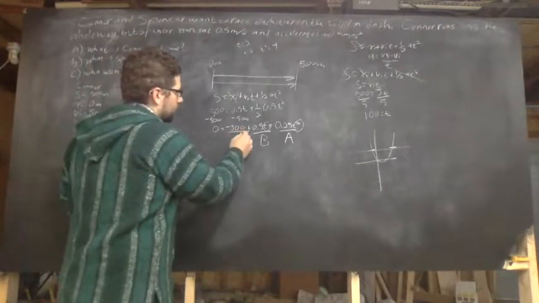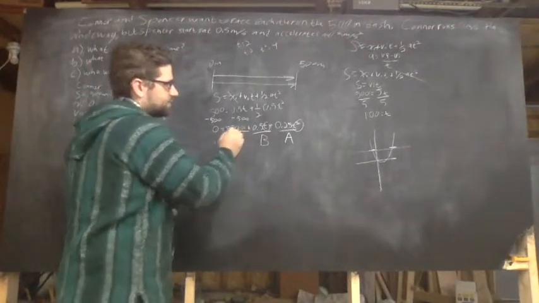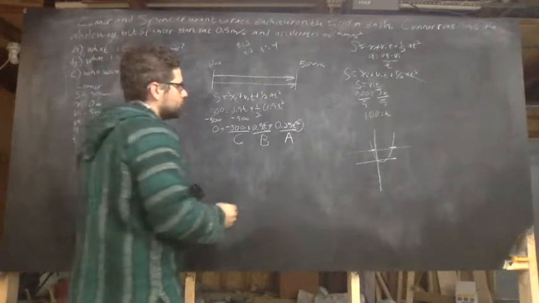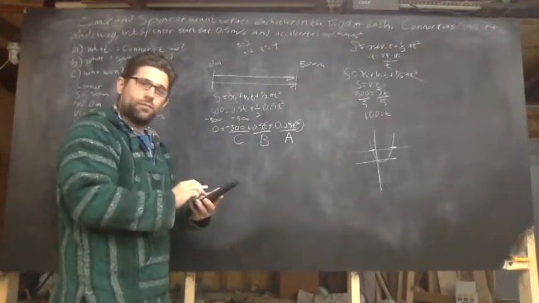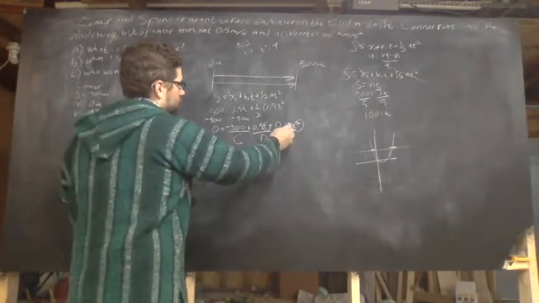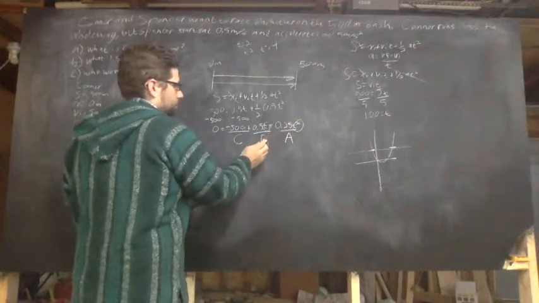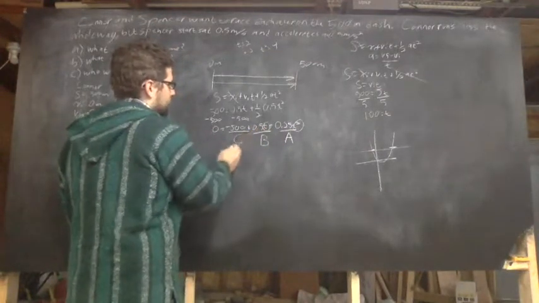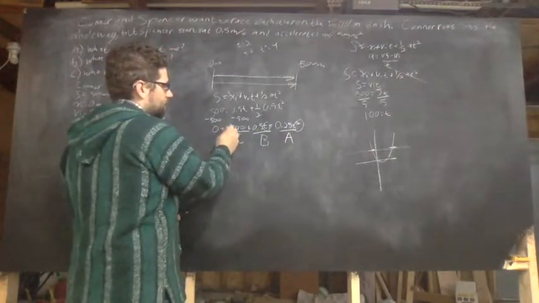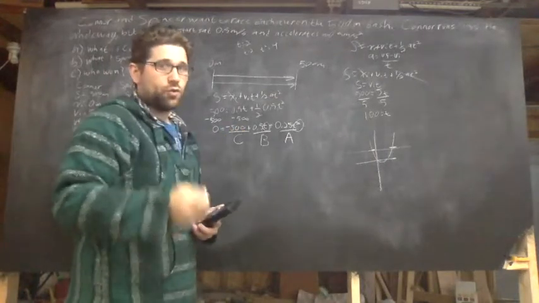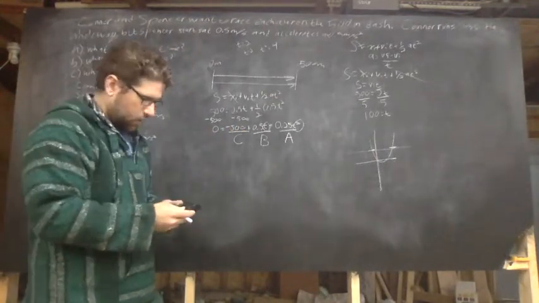And your C number is going to be the constant that doesn't have a variable with it. So if you're going to punch in quad form, it is going to ask you for an A, you're going to give it 0.25. It's going to ask you for a B, you're going to give it a 0.5. And it's going to ask you for a C, and you're going to give it a negative 500. So let's go ahead and punch those in.